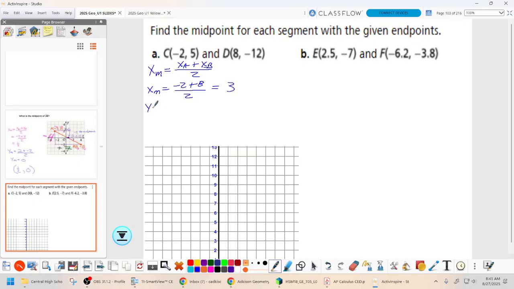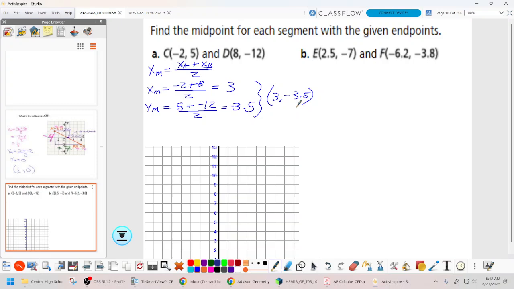And then same thing for the y. This time I'm just going to assume you can change these x's to y's. So that will be 5 plus -12 over 2. So this is -7 over 2, which is -3.5. And if we write this as a point, we get 3 and -3.5.